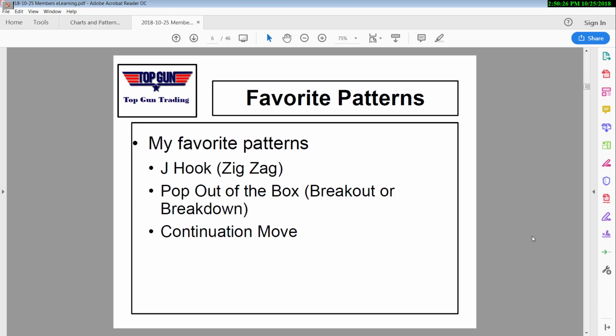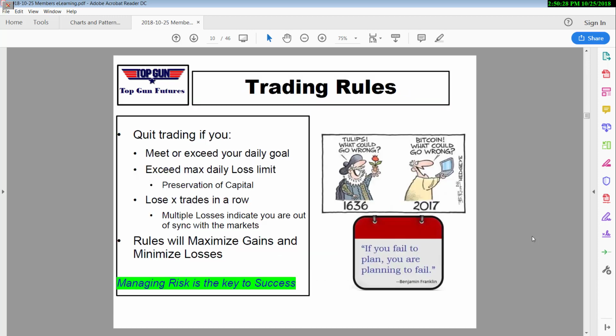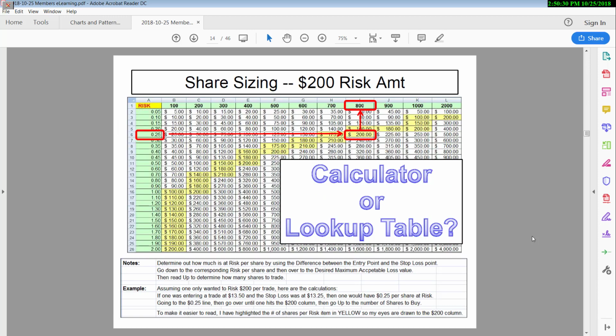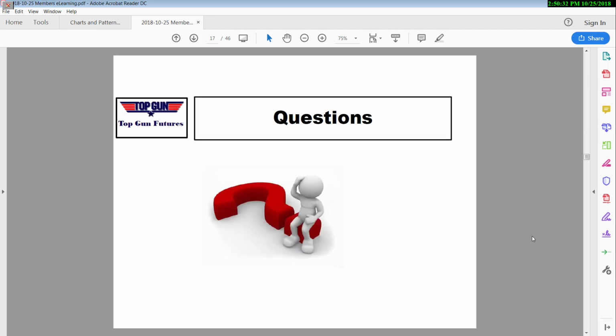What I'm going to do now is open up for questions that you have from the peanut gallery. The business about average true range, how about if I get that at the back end?